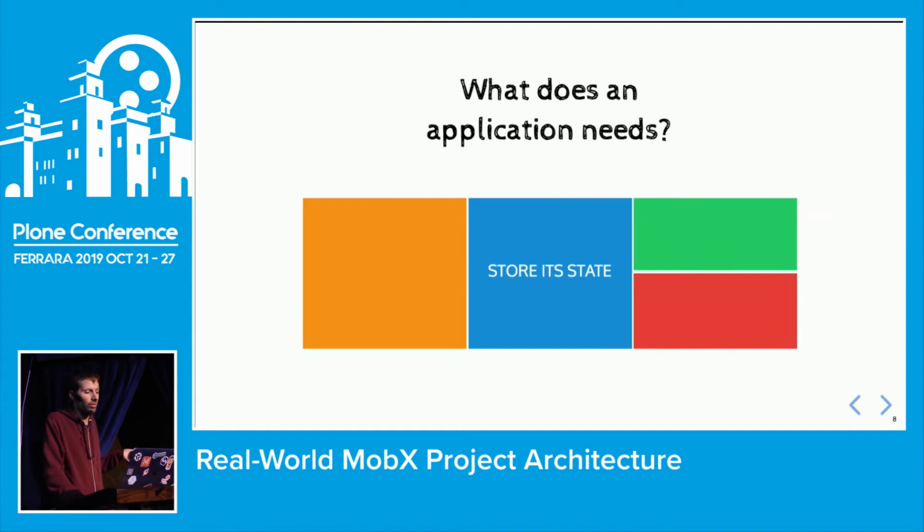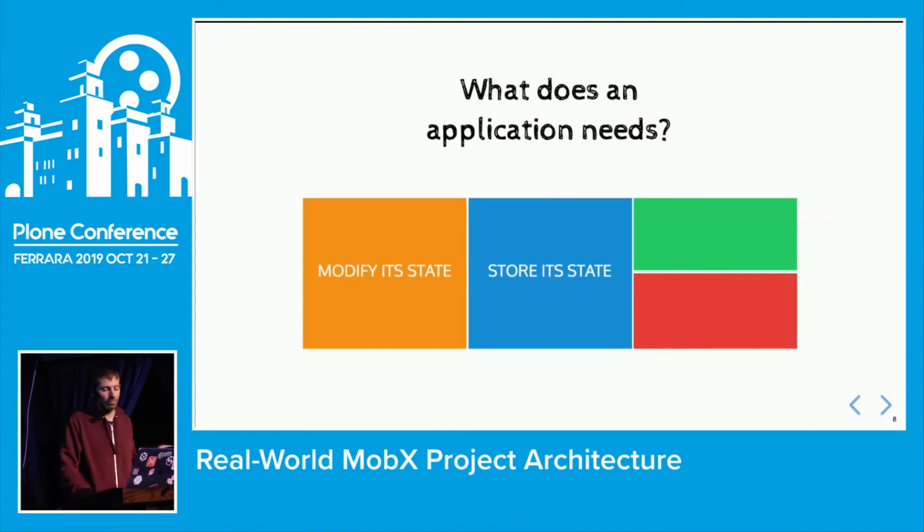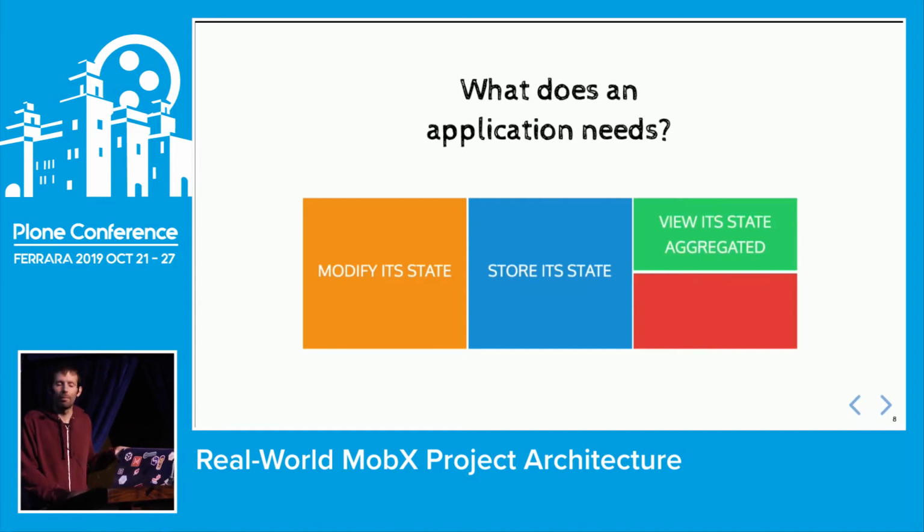So we need some way to change our application state. And obviously, an application is useful if it provides the data you have entered in some way that is useful for the user, right? So for example, if I put in my application a list of invoices, I would like to have the sum of the invoices. And so an application needs to provide aggregated views of the state.